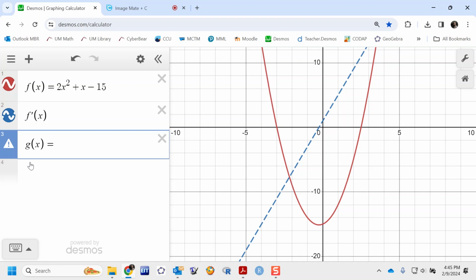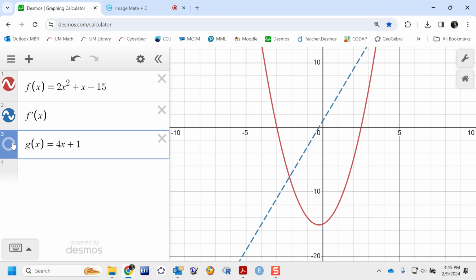And let's let g of x be what we think algebraically is the function. It's 4x, oh, sorry, plus 1. And what happens when I turn g of x on and off is that it overlays the derivative, which is calculated here, I think, numerically. So indeed, it seems like we've found the derivative of the function.